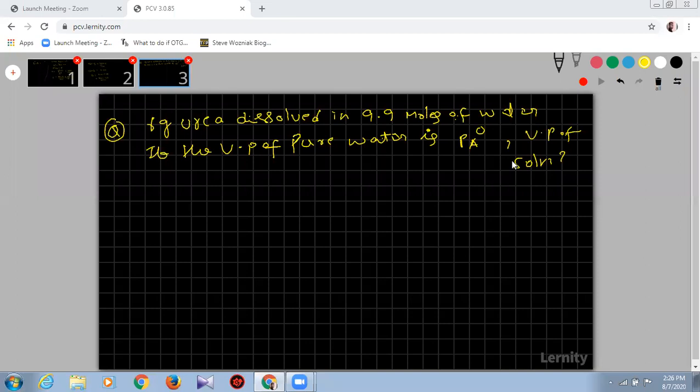Then what is the vapor pressure of the solution? The relative lowering of vapor pressure, PA naught minus PA by PA naught, is equal to the mole fraction of solute, that is, the number of moles of solute by the total number of moles.